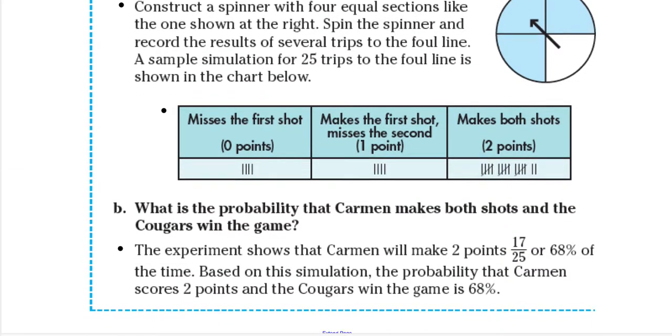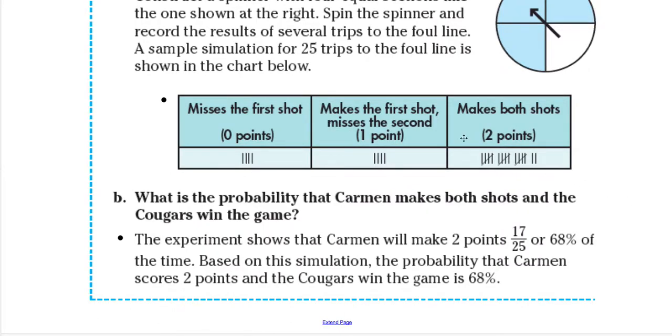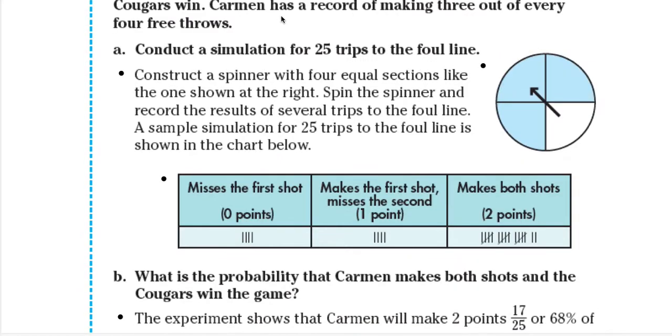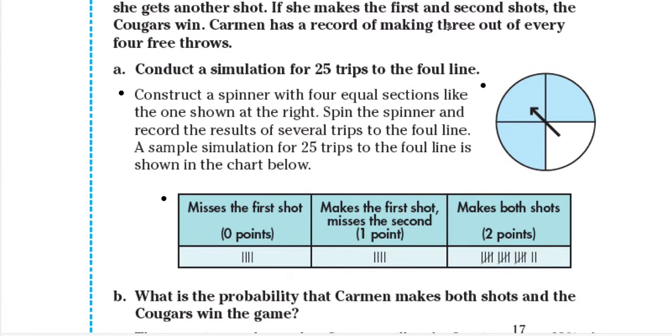If you notice, the probability of her making the free throw is not 68%. When I say the probability, I'm talking about theoretical probability, because in the example, it says that she can make a free throw 3 out of every 4 free throws. So that's 3/4, so the probability of her making it will be 3/4, or 75%. This is the theoretical probability.